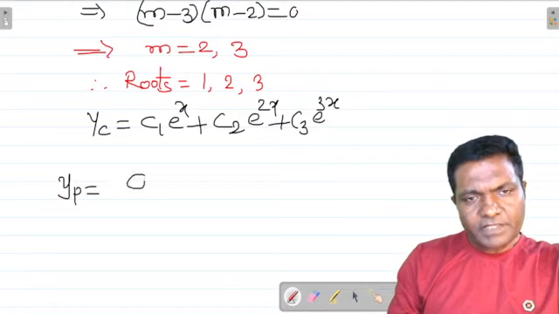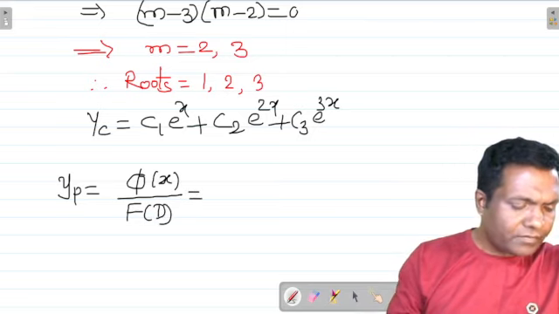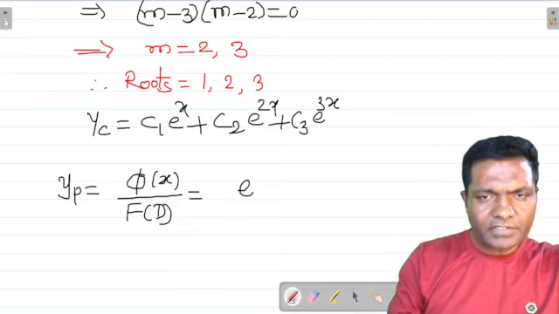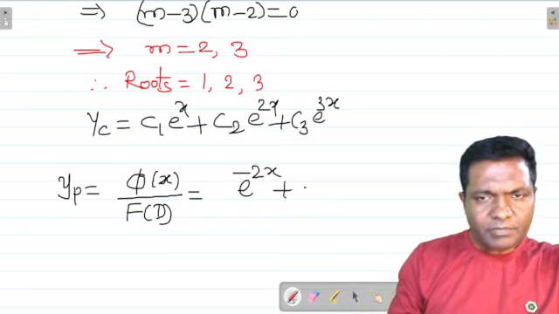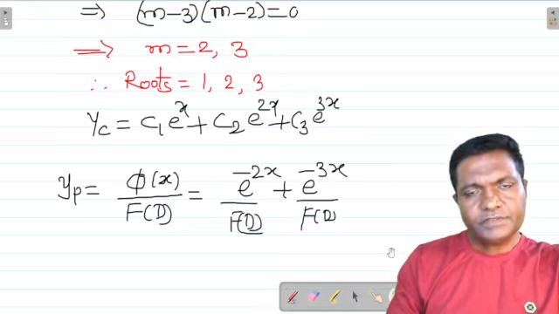So yp is generally phi of x by f of D, and phi of x is the sum of two functions, that is e power minus 2x plus e power minus 3x, by f of D.